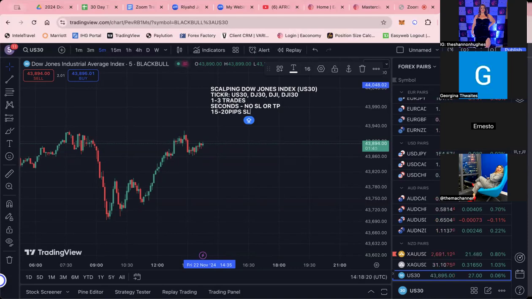When it comes to that, you also need to be thinking about this when you're calculating your own risk. Because we are scalping, you can actually put up your risk because we're not in the trade that long.